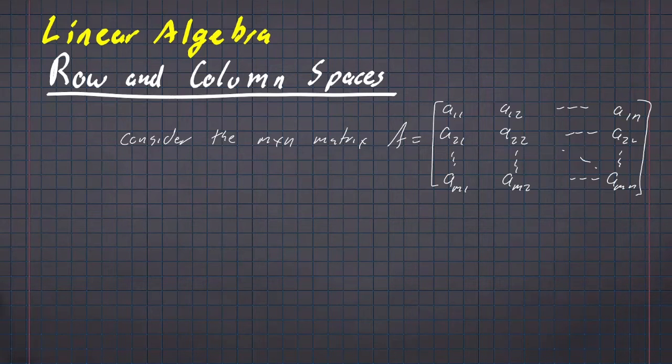All right, so we have an arbitrary generic M by N matrix sitting here. If we analyze the rows of this matrix, each row has N entries in it.